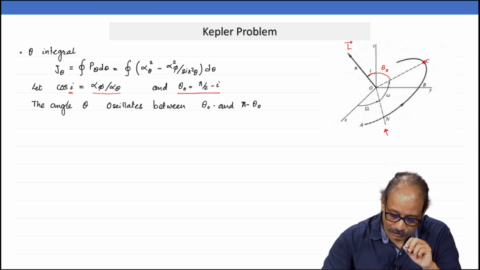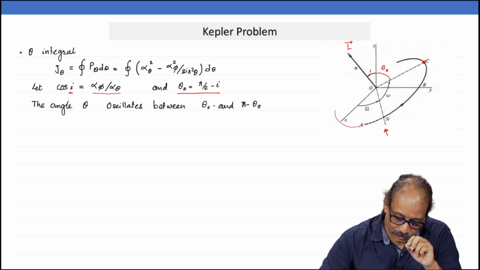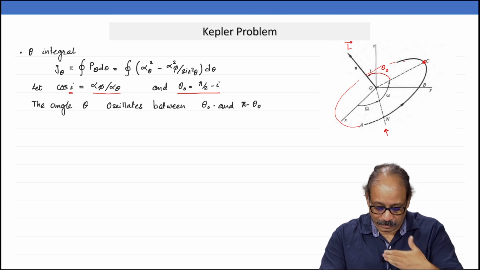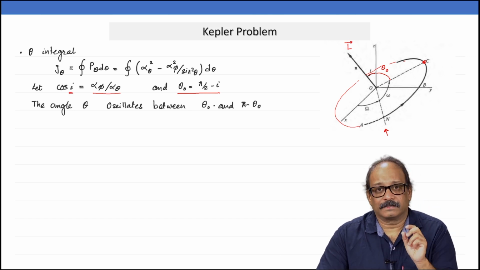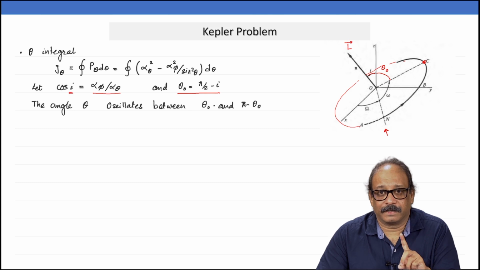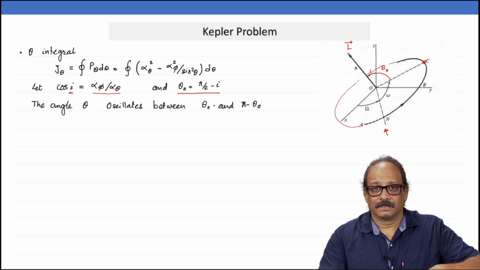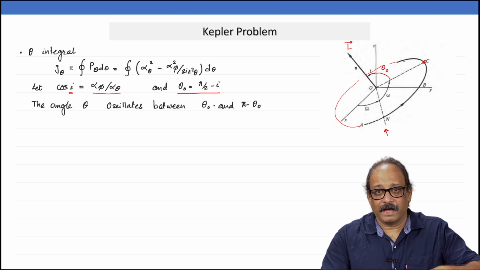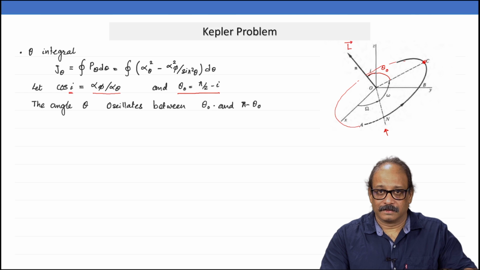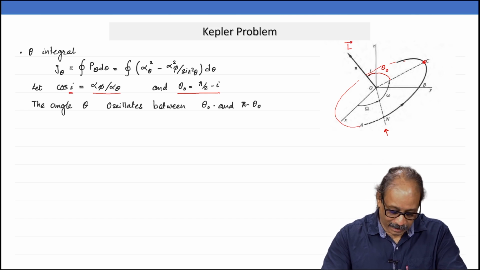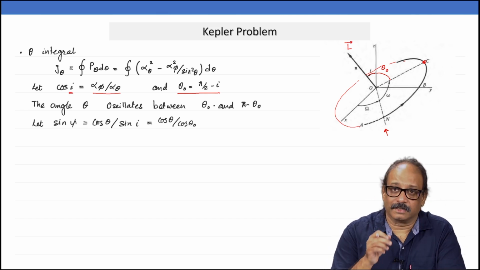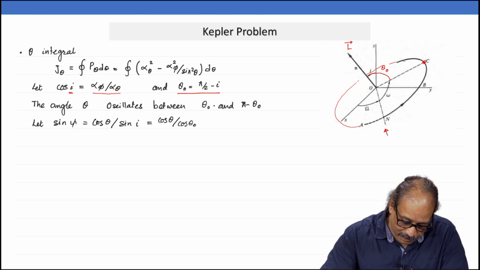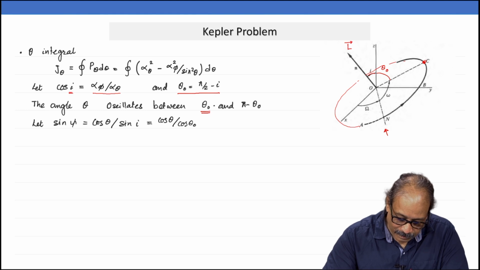As this particle goes down, it is going to go to the other side and come back like this. By the time it comes to n, what happens to the theta variable? It reaches pi by 2, and then it goes down symmetrically to pi minus theta naught, then comes back to pi by 2, so the motion of theta is basically oscillatory between theta naught and pi minus theta naught.